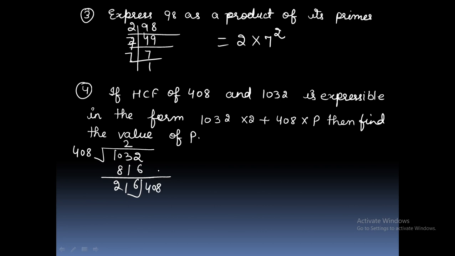408 and it will go on. 1. 216. 8 minus 6 is 2, 10 minus 1 is 9, 3 minus 2 is 1. 216. Again it will go on. 4. 11 minus 9 is 2.